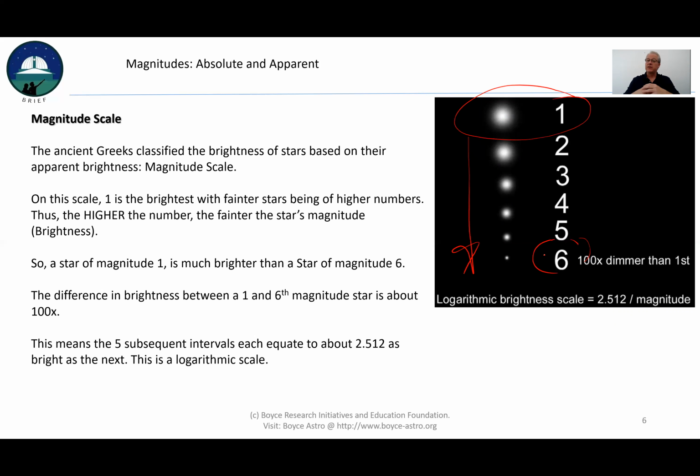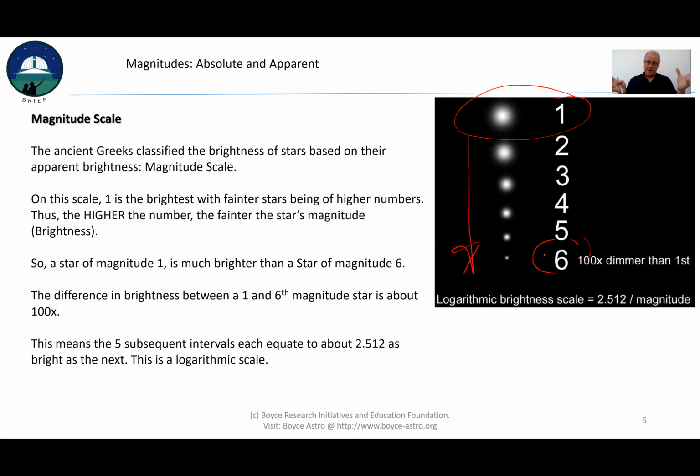That's as far as the naked eye can see. So it's a strange scale in the sense that the larger the positive number, the fainter it is. So if we take a magnitude of 30, it's a very, very faint star. If you go to a magnitude of minus 26, like the sun, it's a very, very bright star. We'll see that in just a second.